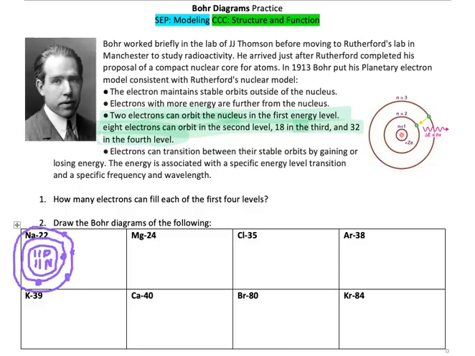The first shell can only hold 2. So 8 and 2 is 10. So that means that I have 1 left. So in my third shell, and this is why I don't like drawing Bohr diagrams, because they take a lot of space, I'll put 1 electron. So that's a Bohr diagram, and that's what you would have to do.